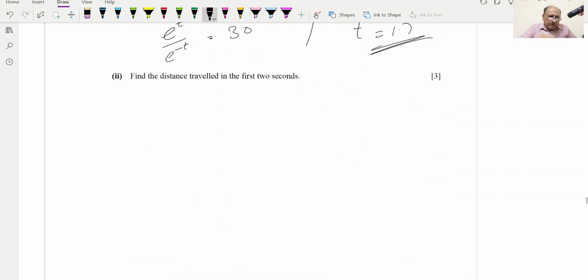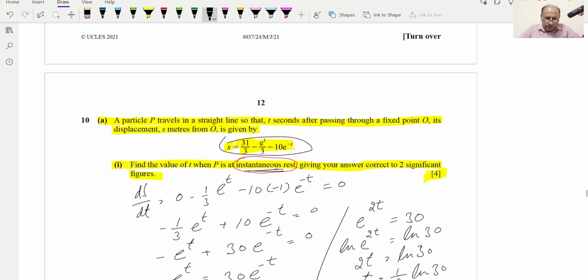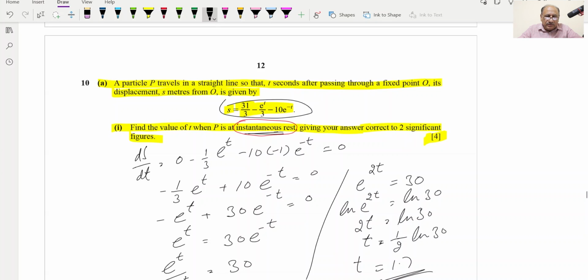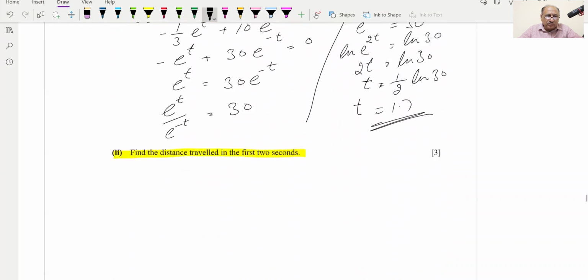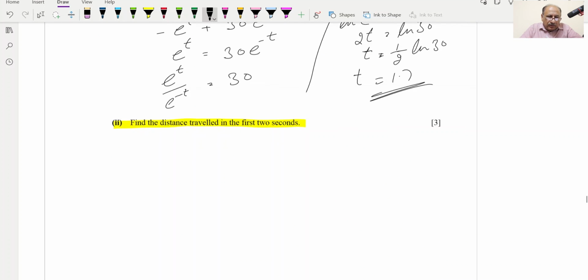Now second part, find the distance traveled in the first 2 seconds. Distance traveled in the first 2 seconds, in the distance equation, which is s is equal to 31 over 3 minus e raised to t over 3 minus 10 e raised to minus t. In this equation we will be replacing t is equal to 1.7.